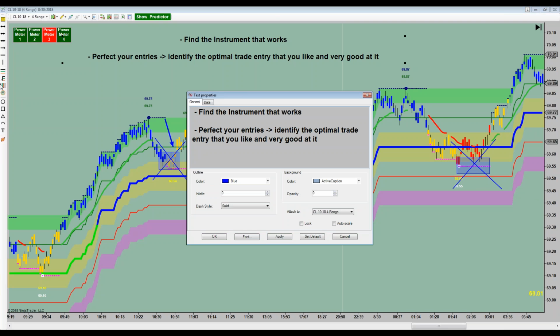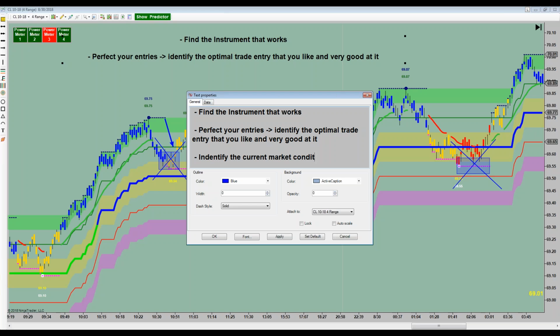And here's the final thing. And this is super huge important. You've got to identify quickly. I'm going to devote a whole webinar to this, and I'm running out of time. Identify the current market condition.